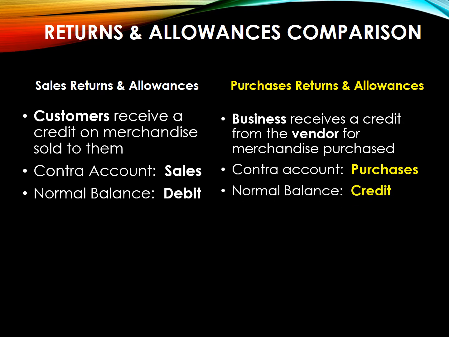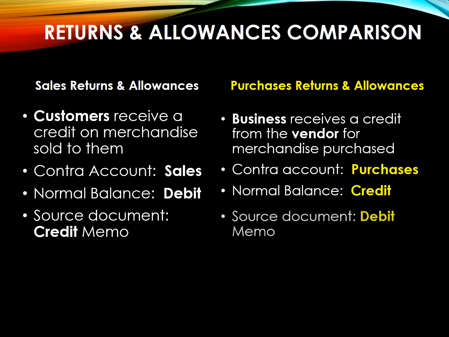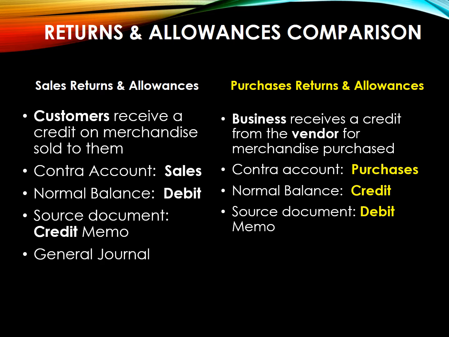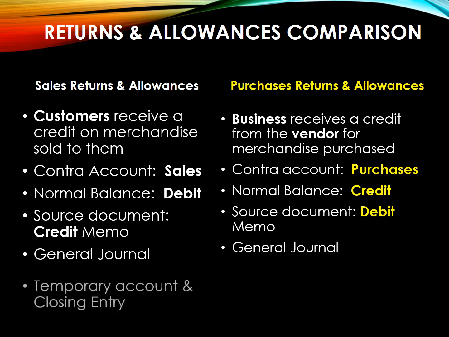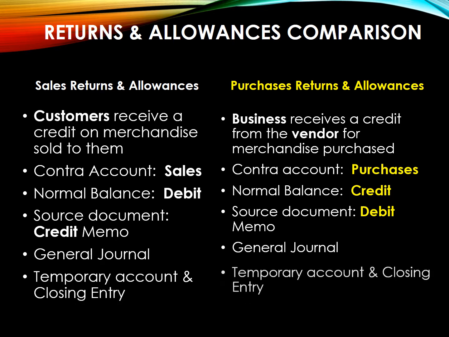The normal balance for purchases returns and allowances is a credit. The source document for sales returns and allowances is a credit memo. The source document for purchases returns and allowances is a debit memo. Sales returns and allowances, as well as purchases returns and allowances, are both recorded in the general journal. Both of these accounts are temporary accounts and will be closed out at the end of the fiscal period.